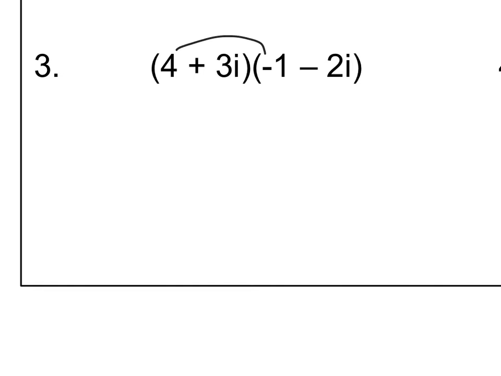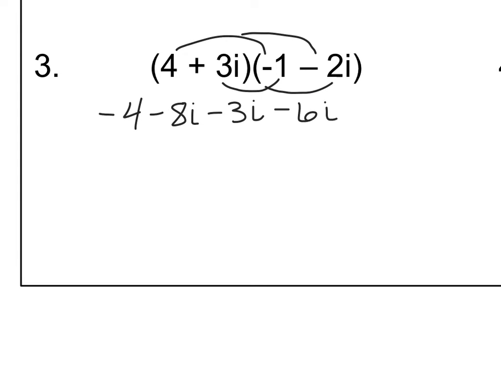4 times -1 is -4. 4 times -2i is -8i. Then I'm going to take 3i times -1, that's -3i. And then 3i times -2i is -6i squared, because there's 2 i's there. Next in my step, I'm going to combine my like terms.